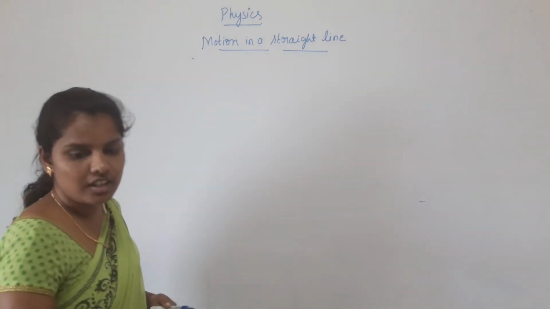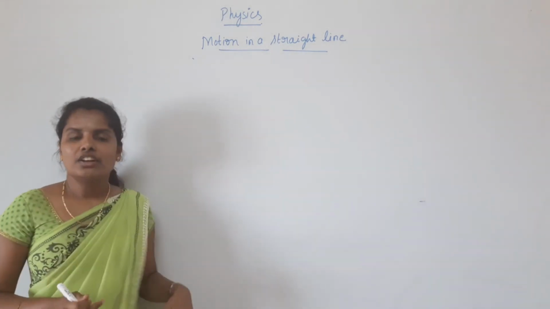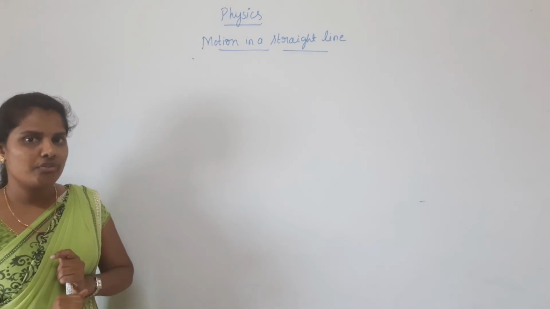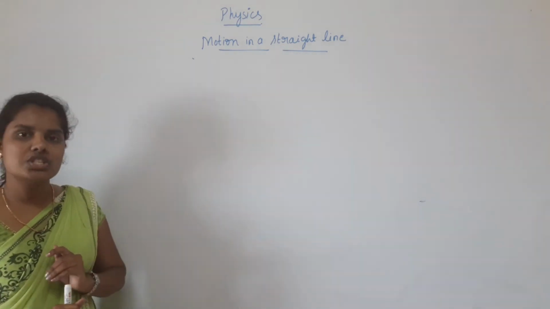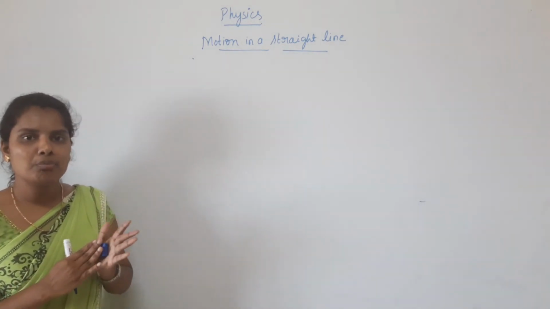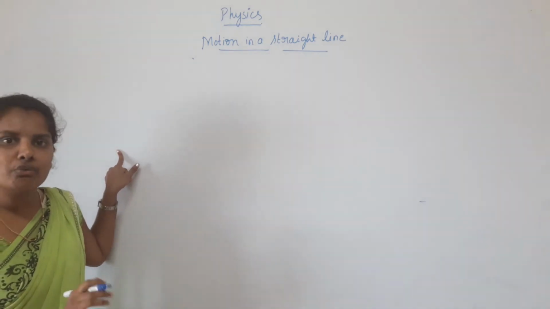And the next one is, what is the graphical representation of relative velocity, the position-time graph of relative velocity?